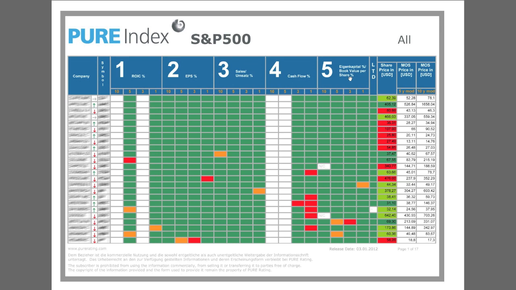We use a simple, easy-on-the-eye traffic light system with green, orange, and red. This way it's very easy, convenient and quick for you to see if a potential investment in any given company is promising or not.